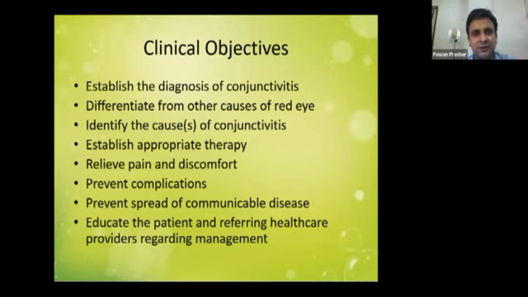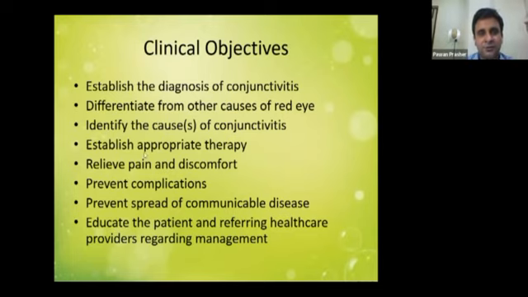So the clinical objectives in a case of conjunctivitis are, first, to establish the diagnosis, and it's very important to differentiate it from other causes of red eye, and especially rule out any underlying pathology, because quite often there may be associated disease inside the eye like uveitis and so on.